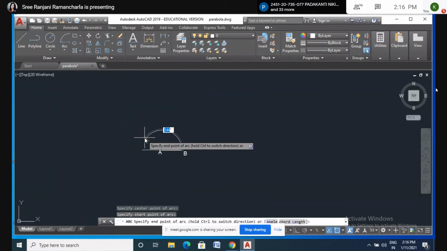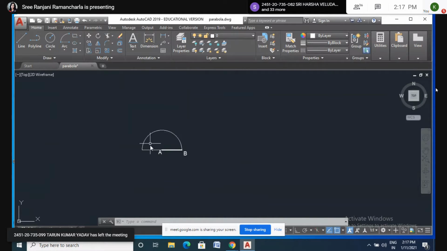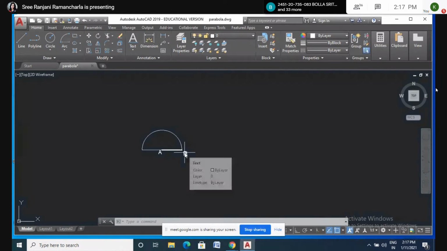Here you can see the degrees on the screen, 144 showing, but I want 180 degrees. So I will type 180 degrees. So I have taken A as a center and drawn the semicircle. So you take A as a center, AB as a radius, draw the semicircle.